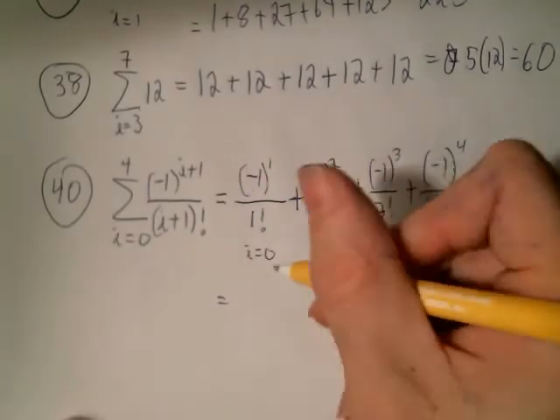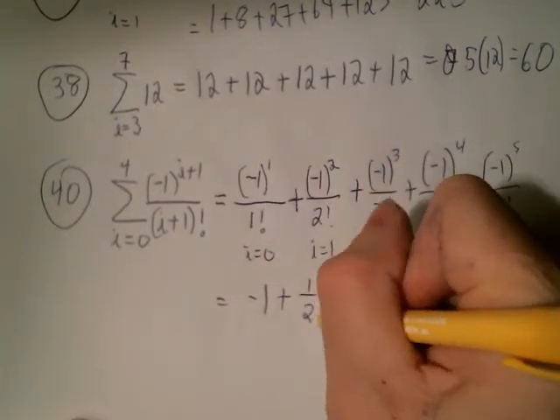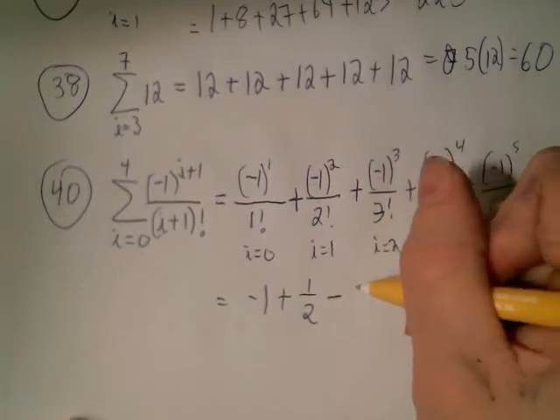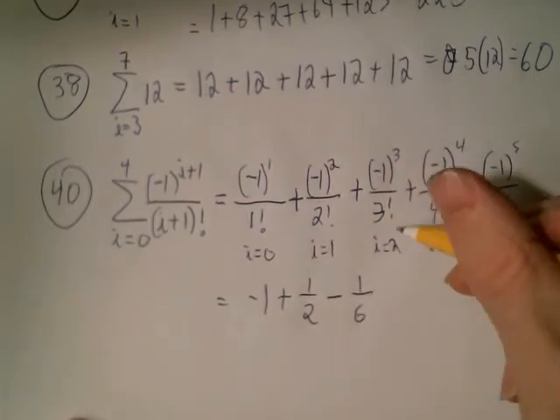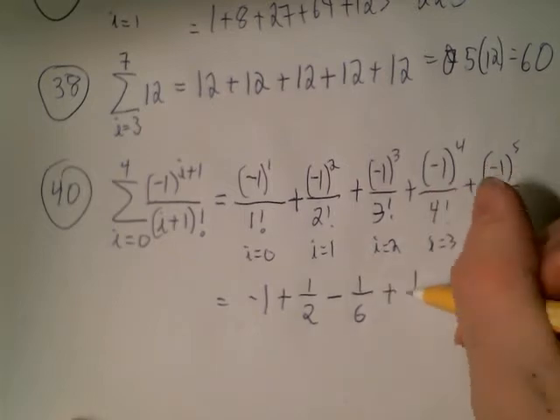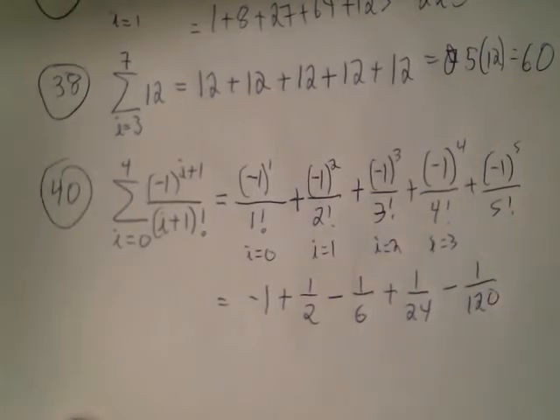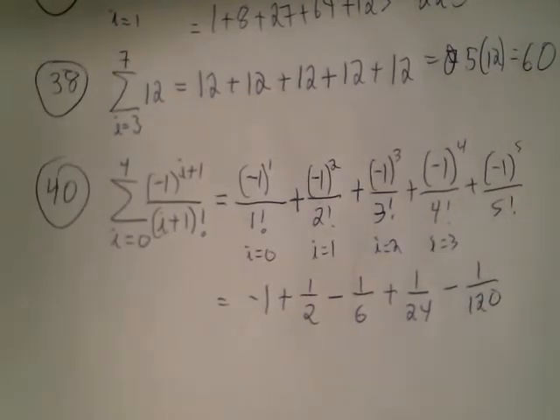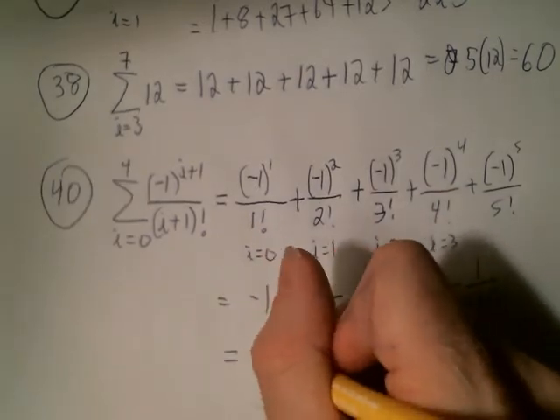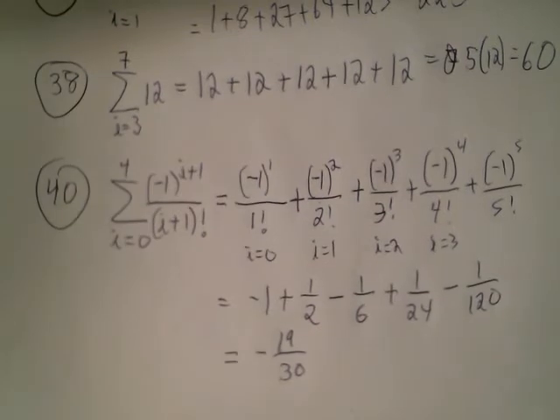And then we can simplify it. Three factorial is 3 times 2 times 1. And if you find a common denominator and all that jazz, you'll get -19/30ths.